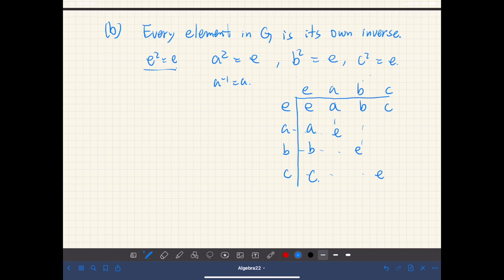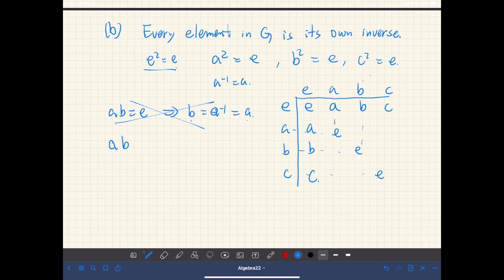Suppose, let's say, if AB is equal to E, then by multiplying A inverse from the left, we would have B is equal to A inverse, but A inverse is equal to A by assumption. So in this case, B must be equal to A, but that's not possible. A and B must be distinct, so this is not the case.